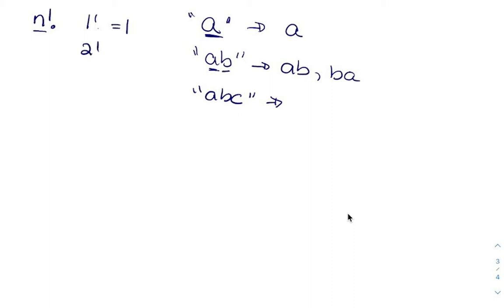That would be 2 factorial, which is 2 times 1, which is 2 permutations. In the third example, we have 3 elements, so it's 3 factorial, which is 3 times 2 times 1, which is 6. So we can make 6 combinations with the string A, B, and C.